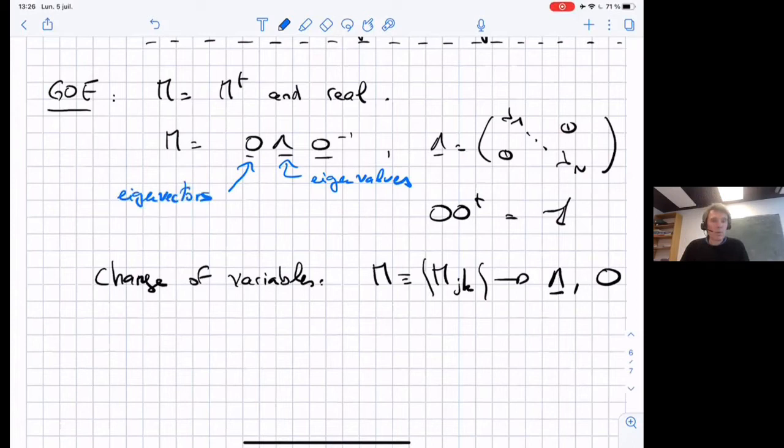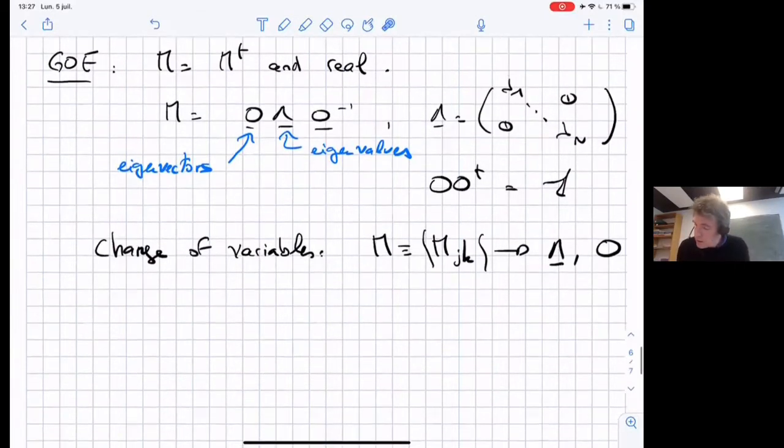I guess you remember from your course on standard linear algebra that you construct the matrix O by just putting inside the coordinates of your eigenvectors. So the idea is, conceptually, relatively simple: instead of having the probability measure of the M_jk, you really want to go to these lambda and O.